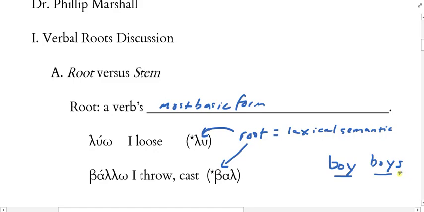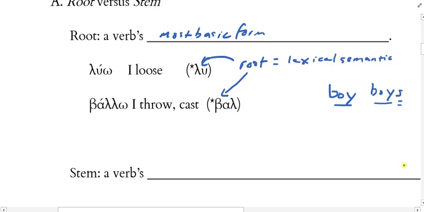The S on boys is grammatical information. It's only telling me the matter of whether there's one or many. That's not a lexical issue. That's a grammatical issue in terms of meaning. By the way, lexical semantics is what I wanted to write over here.